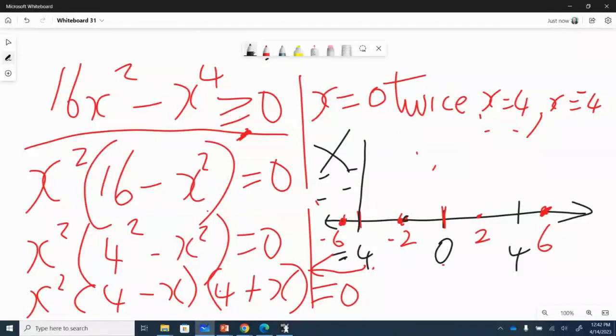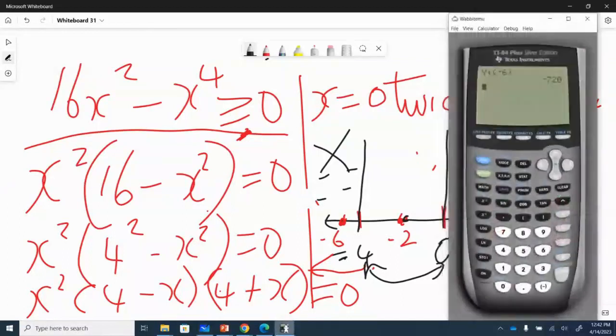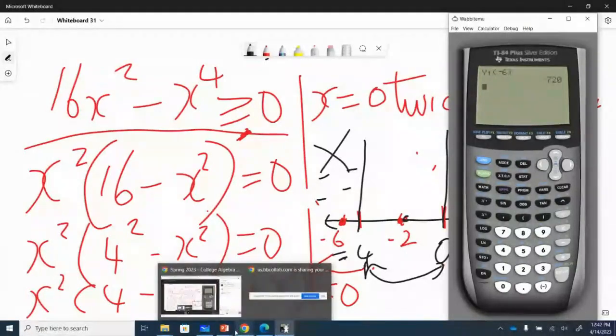So I'll go to test the next interval. The next interval is from -4 to 0, this one right here, and I'm using -2 to test. So I'll pull my calculator up again. I can do second enter, so I don't have to do VARS all the time.